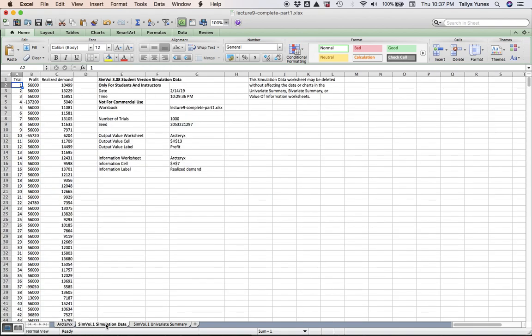But now I have to be careful because remember, I told you earlier, each time we run the simulation, it's pulling random demand values from the demand distribution. And if I just run the simulation again as I did the first time, in the data tab, it's going to pull up 1,000 different demand values.